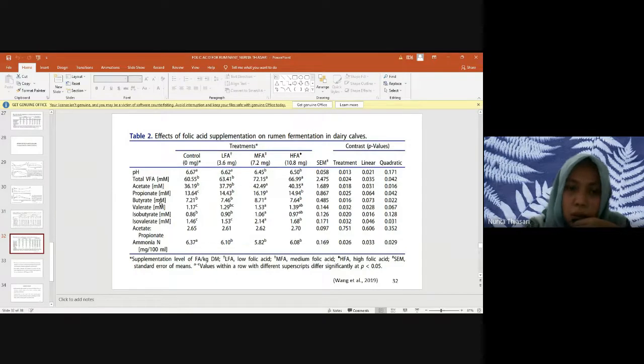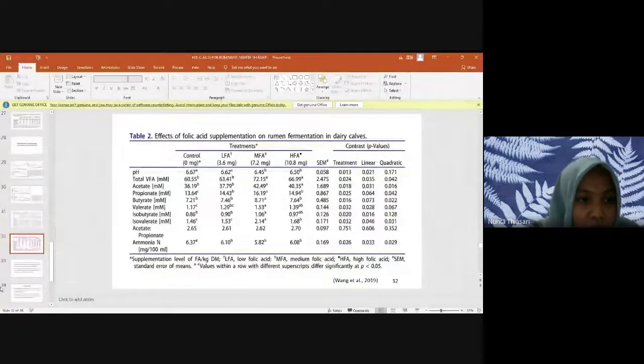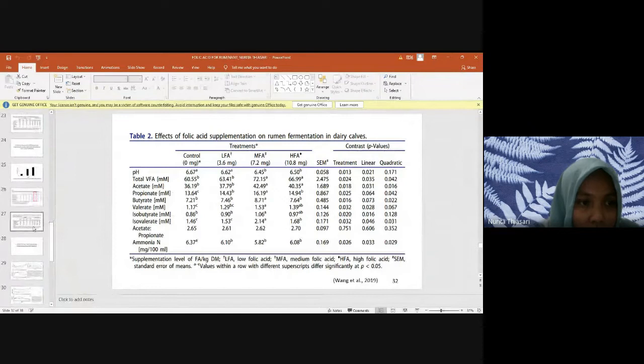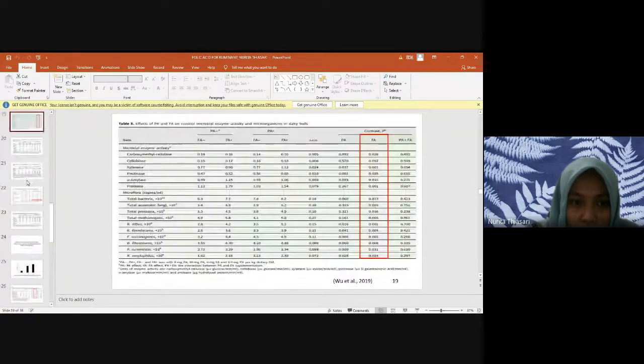Actually, I think in here, also in another treatment, if the propionate was increased, and maybe I have to check again, Professor.